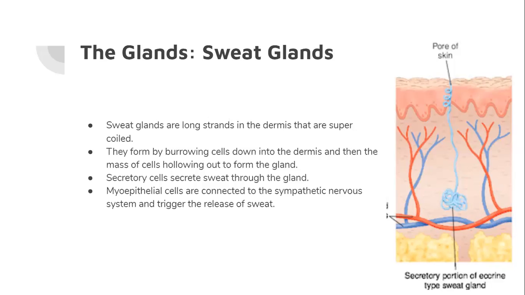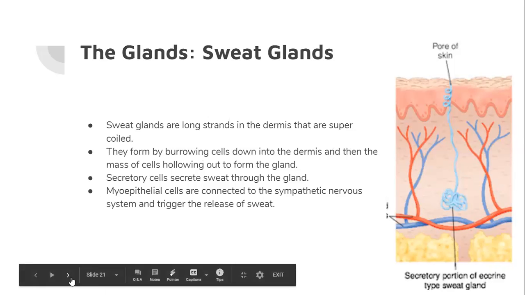And as you are running or you're nervous, you start to sweat, and so the release of sweat is by the myoepithelial cells, but the secretory cells actually secrete the sweat through the glands and through the tubes of the gland, and so it'll come up, and then you'll excrete sweat.